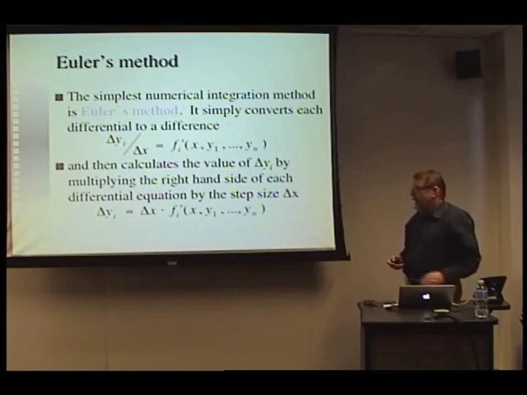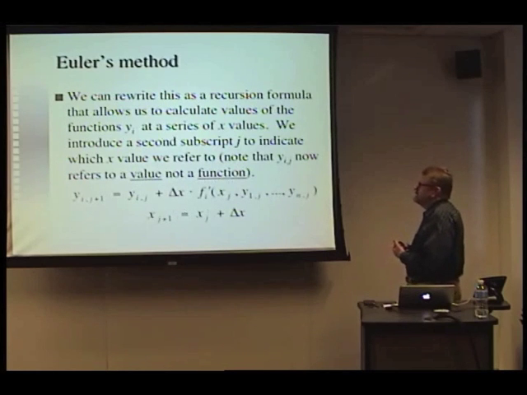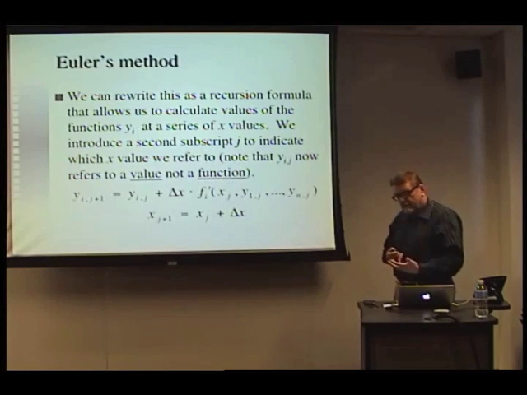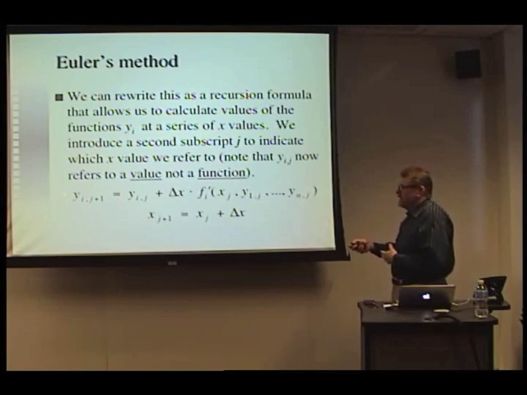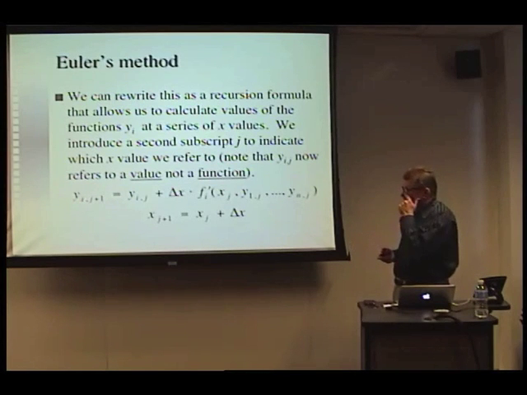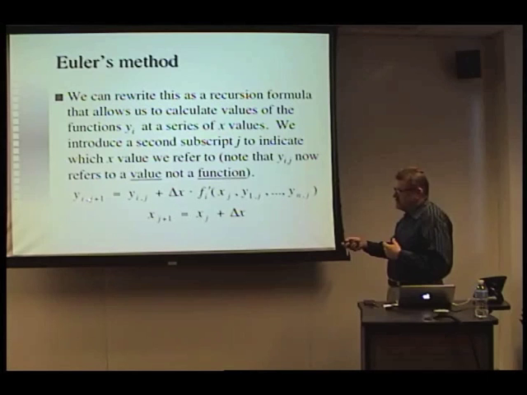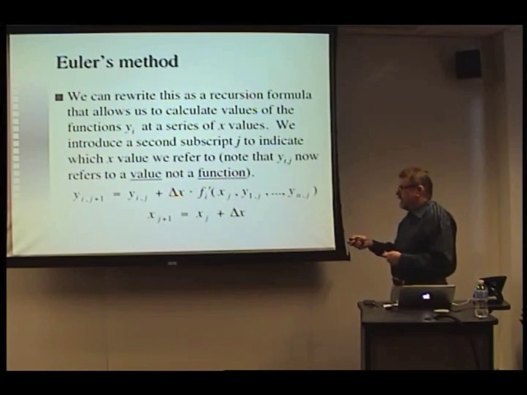Once we have a difference equation, we can convert that to a recursion relation, where we say that the value of y_i at the next point, j+1, will be the value of y_i at the jth point plus this approximation, where we take the small delta x and multiply it times the differential equation, again evaluated at the current values of x.